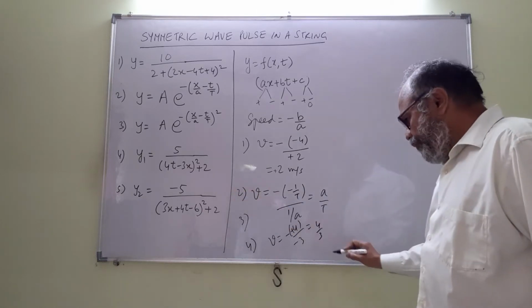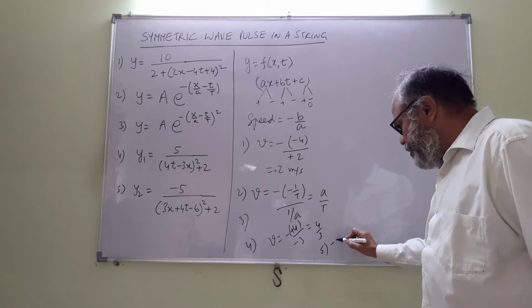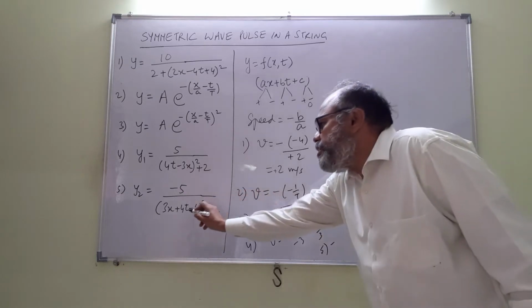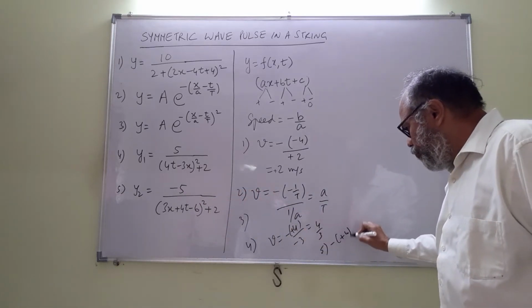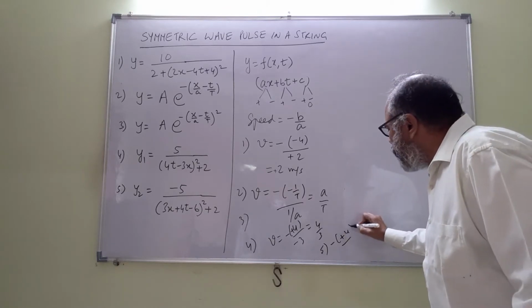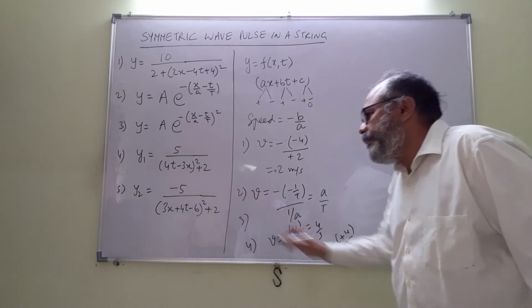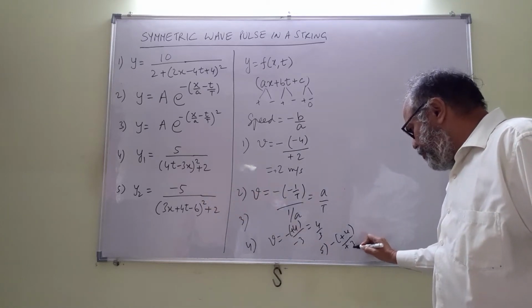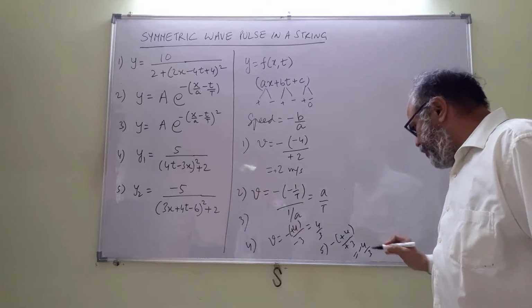Similarly, in the fifth case, it will be minus b. b is plus 4 and you have a as plus 3. So the speed is minus 4 by 3.